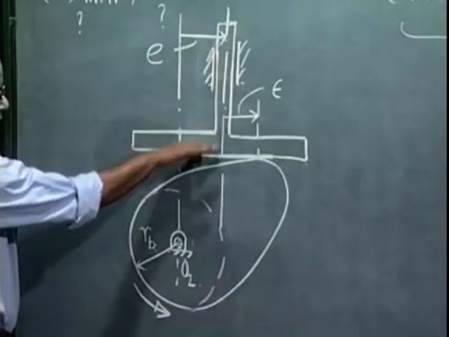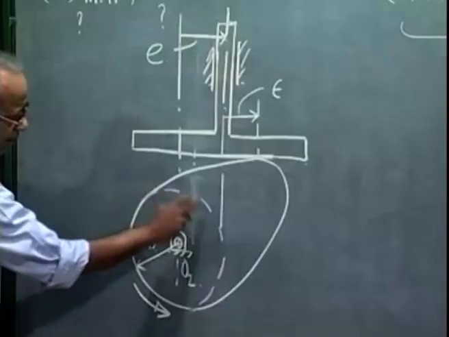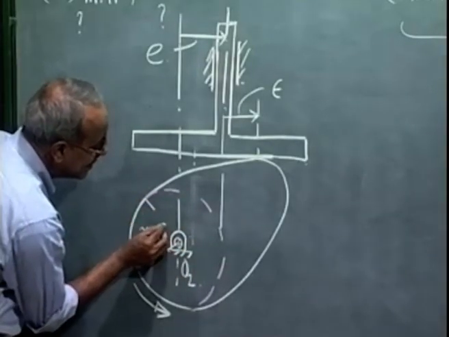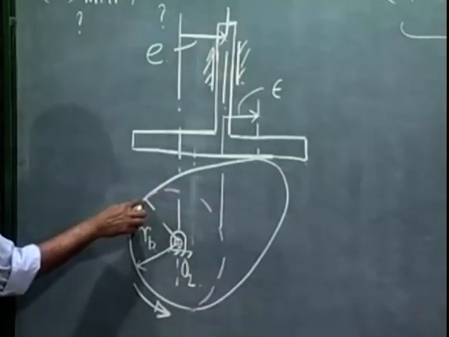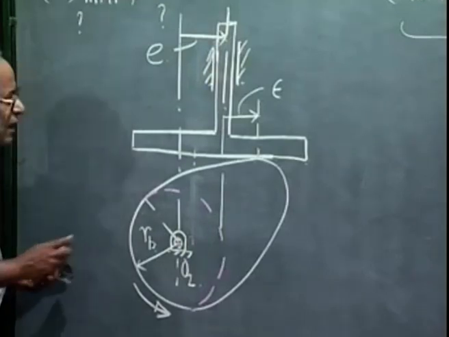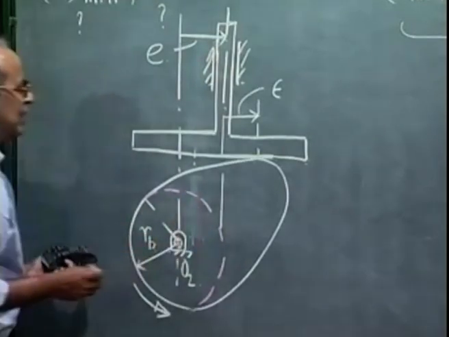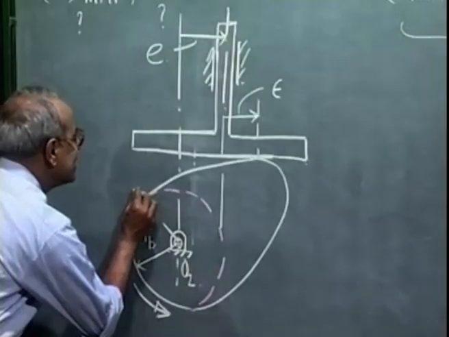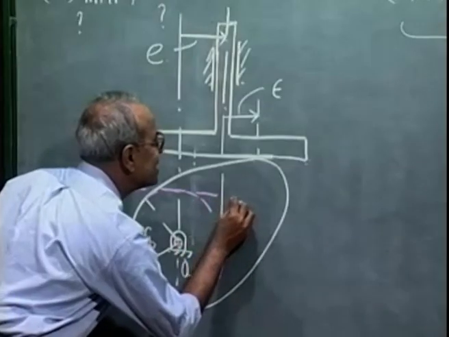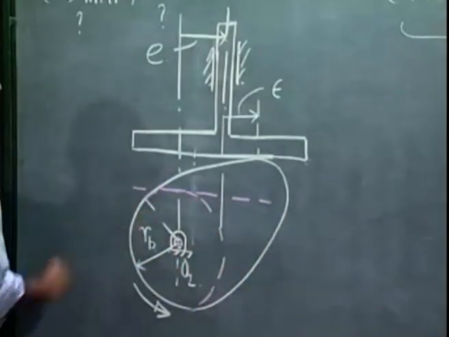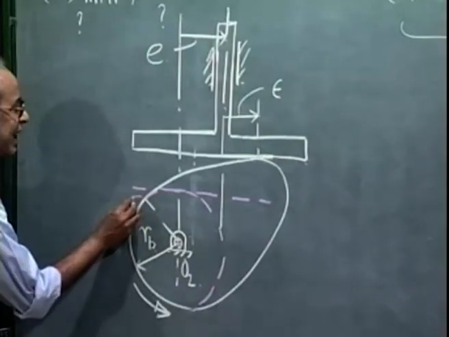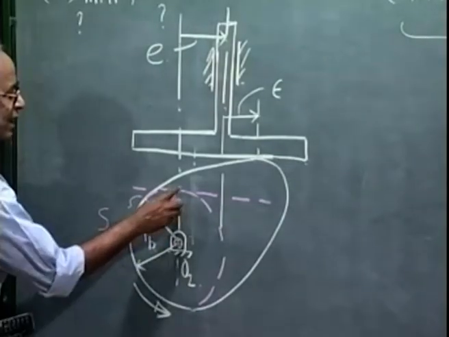What is the lowest position of the follower? When the follower is in contact with the base circle. As we see, this is where the cam profile is touching the base circle. So if we draw a horizontal tangent to the base circle, this is the lowest position of the follower when this point S was vertical.